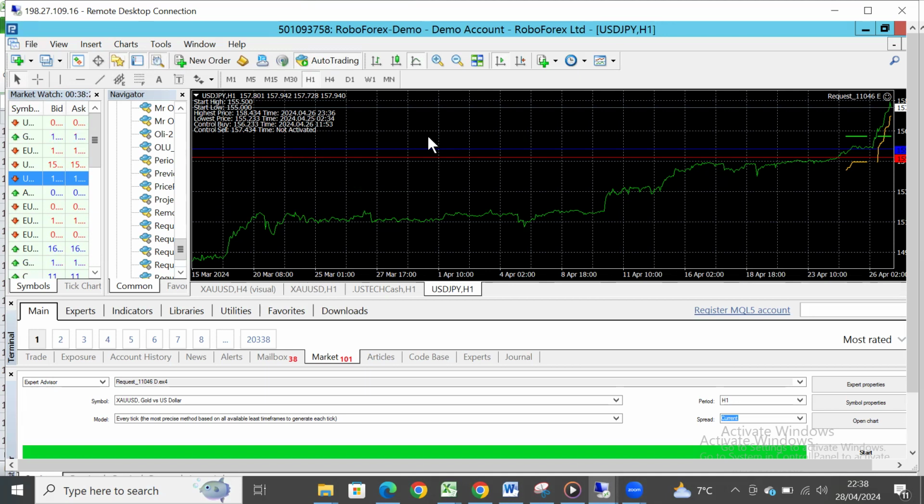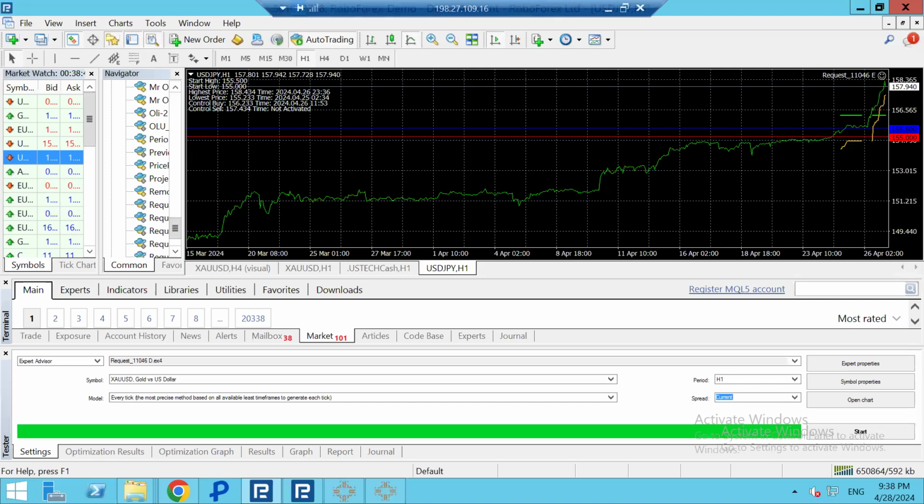Okay, so this will help us to be able to take actions and also be able to identify opportunities from the market, while the robot is also taking bids accurately and timely. Okay, so that is this on project 11046 as mentioned.